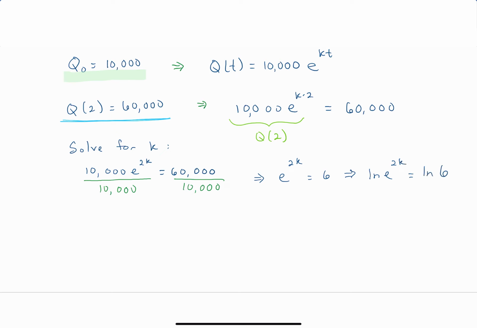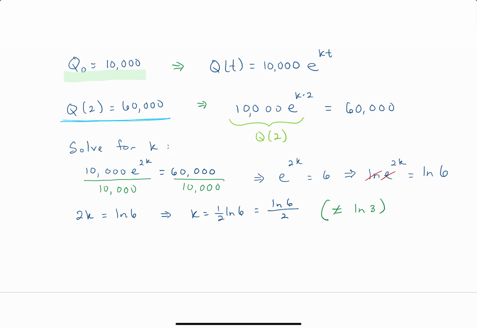And remember, the whole point of doing that is that the ln and the e cancel each other out, leaving me 2k equals the ln of 6. In other words, k equals 1/2 times the ln of 6, dividing out the 2. Or you might think of that as ln of 6 divided by 2. Just remember that that is not equal to ln of 3. You can't divide the 6 by the 2. You're dividing the whole ln by 2.